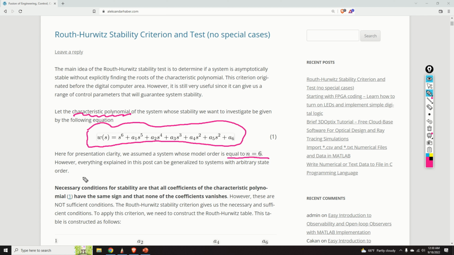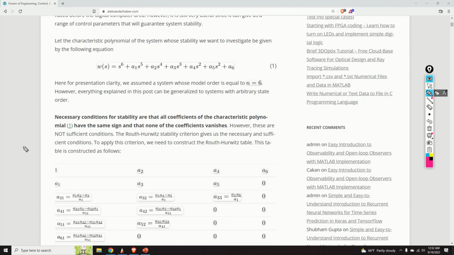However, everything explained in this video and in this post can be generalized to systems with arbitrary orders. Now, let us briefly recall the necessary conditions for the stability of this system. The first necessary condition is that all the coefficients of the characteristic polynomial have the same sign, and the second condition is that none of the coefficients vanishes.